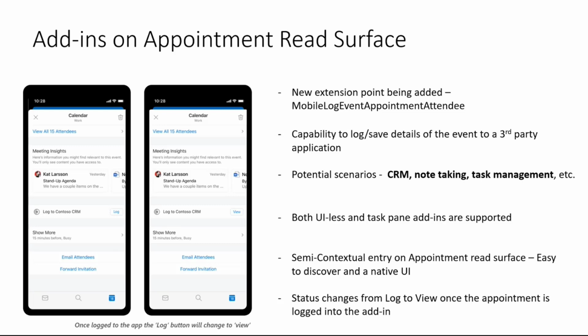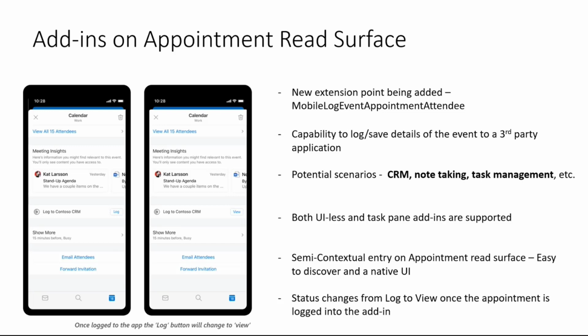And here you see you get a very contextual card where you can just click on log, and once you click on log, the log button changes to view, and the add-in can really define how the experience should look like for the user. We support both the UI-less as well as task pane add-ins on the surface.